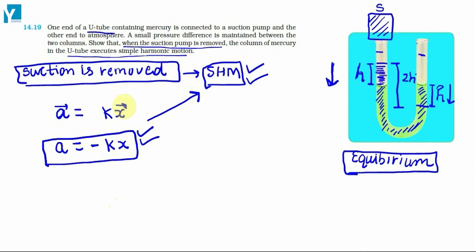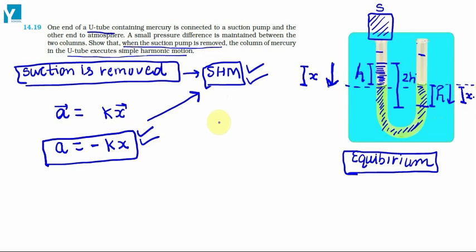Suppose when the suction is removed, this liquid will try to regain its position, and at any instant of time, if I consider this reference level, its height from this reference level is x, and on the other side its height from this reference level will also be x.